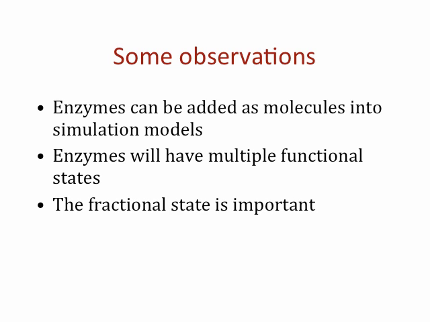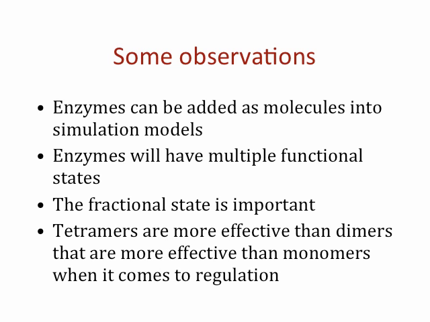So if I have a finite pool of an enzyme, what fraction is active and what fraction is inactive is very important. And tetramers have more effective regulatory characteristics than dimers, and dimers more than monomers. This may help us perhaps understand why regulatory enzymes are so commonly tetramers.